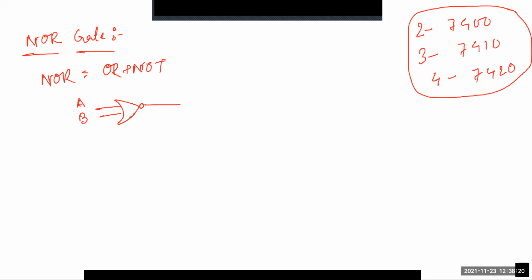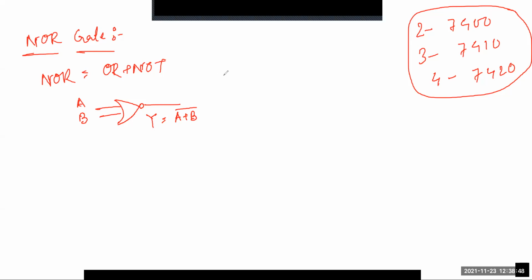Here this NOR gate has 2 inputs and the output is A plus B bar. This is A bar plus B bar. Now one thing, this NOR gate is a combination of an OR gate plus a NOT gate.